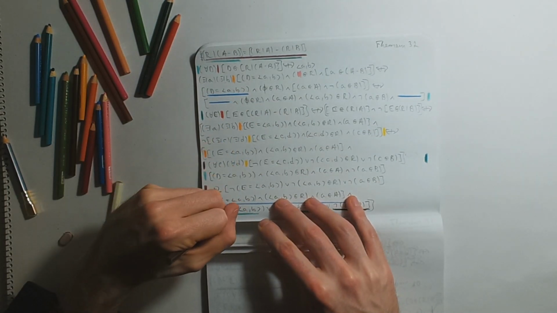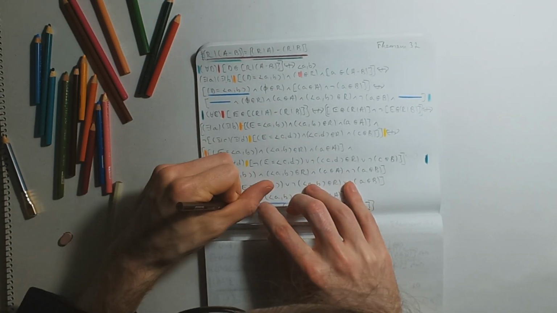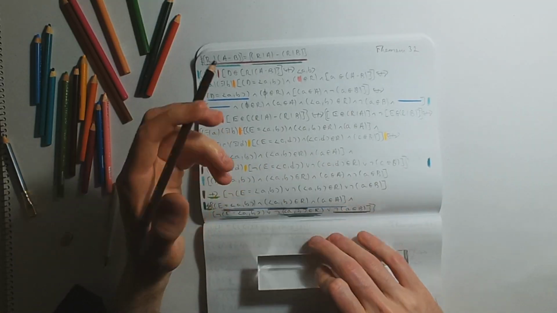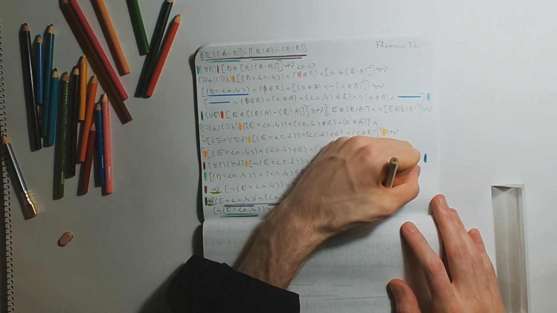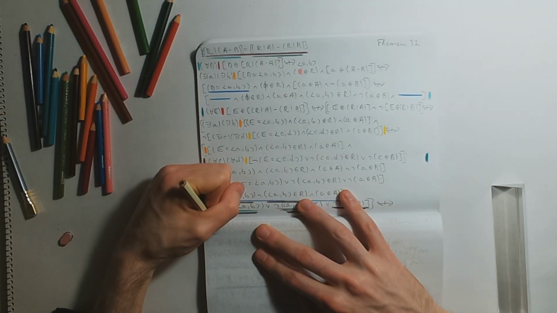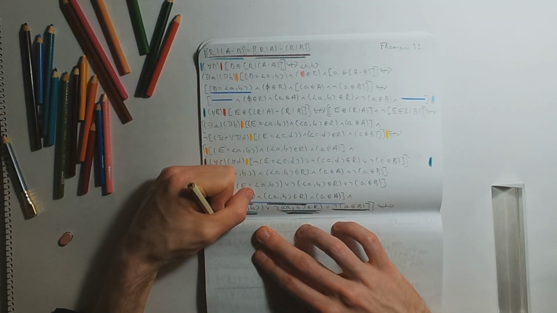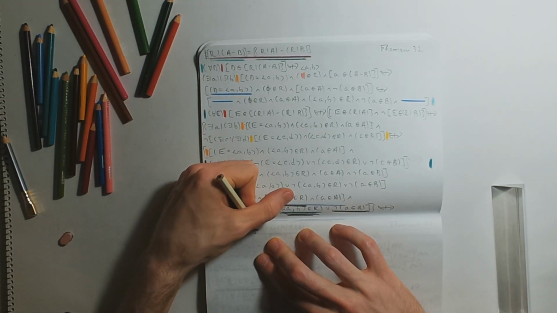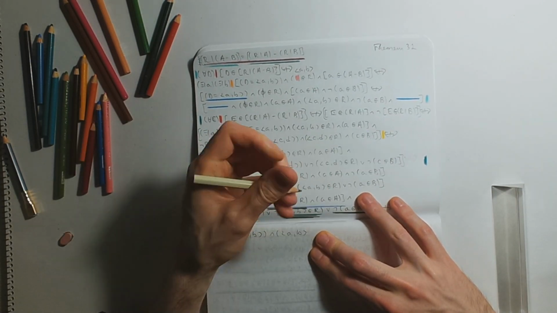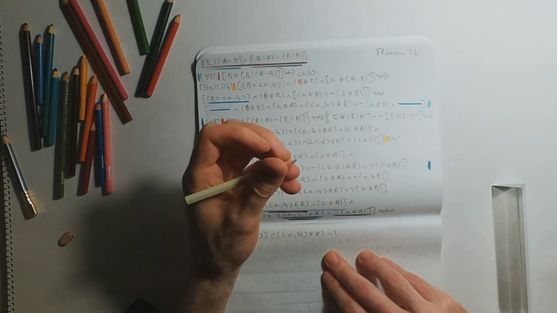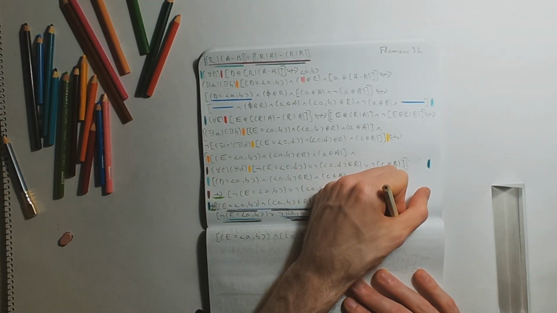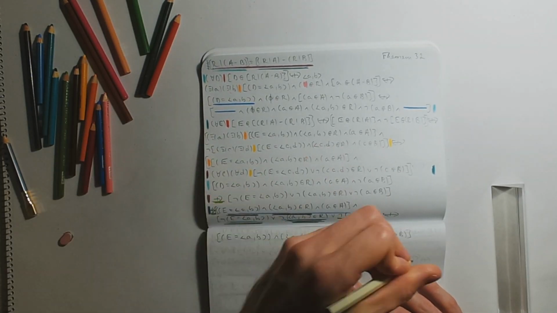So I will do this and that, if and only if E equals the ordered pair AB, and the ordered pair AB is an element of R, and A is an element of A, and not A is an element of B. Okay.